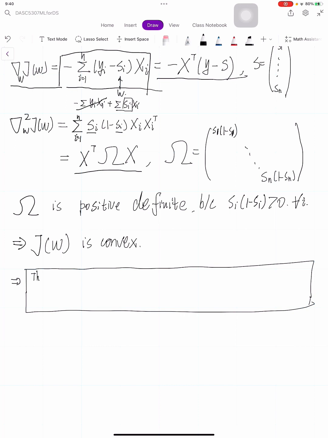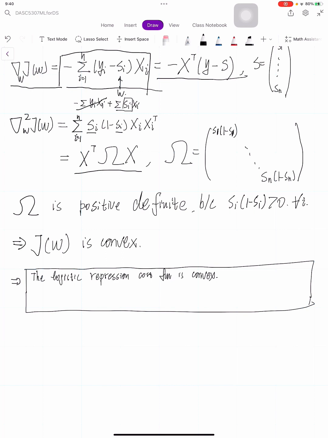So the logistic regression cost function is convex.